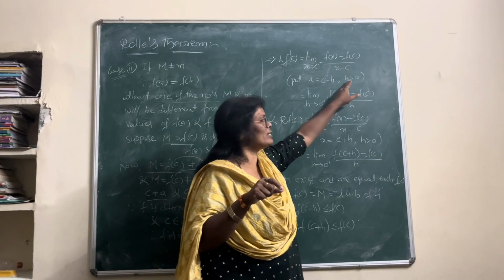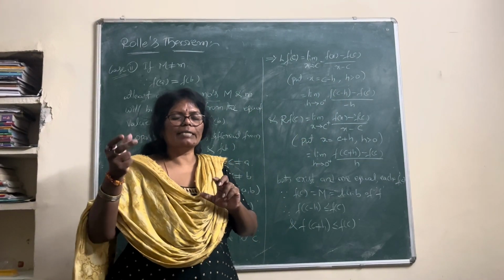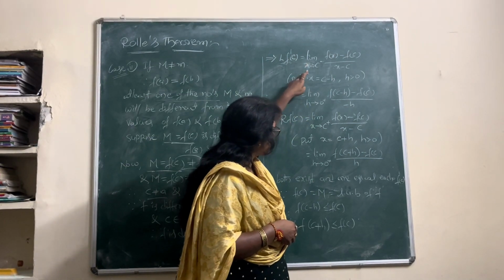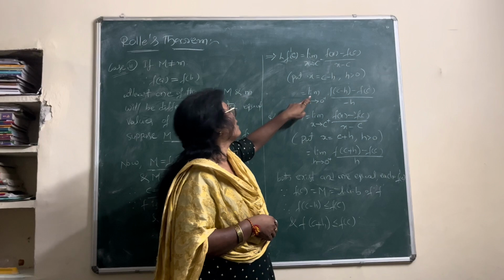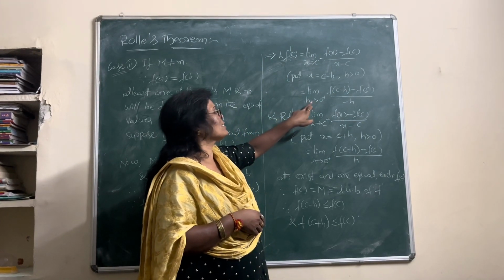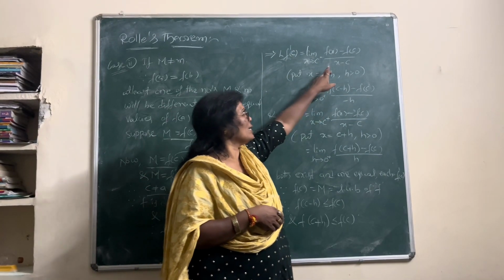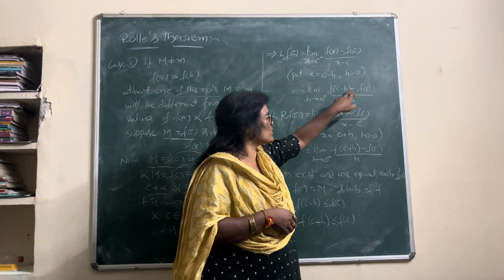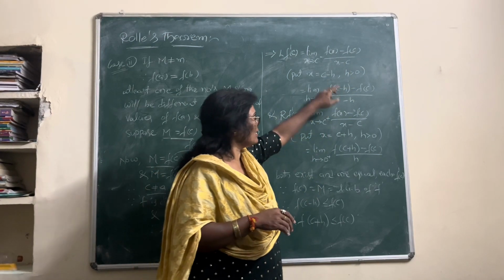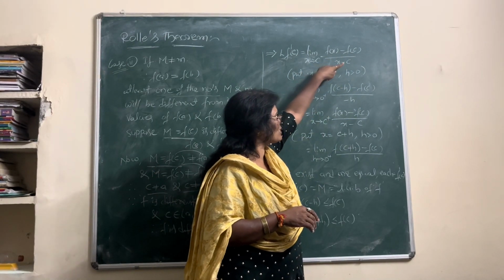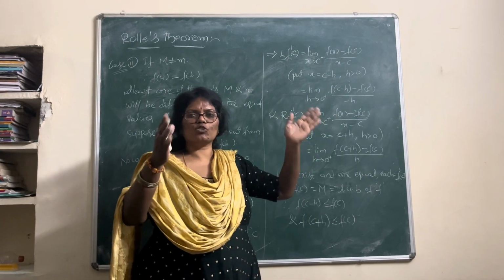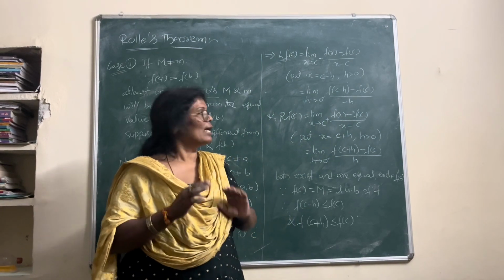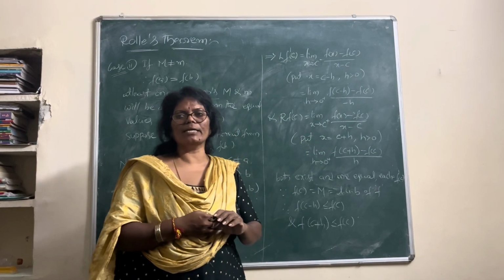H greater than 0 means the limit becomes h tends to 0 plus. So instead of x, c minus h is there: f of c minus h minus f of c by c minus h minus c. The c and minus c get cancelled. What is the remaining term? Minus h. This is the left hand derivative at the point c.